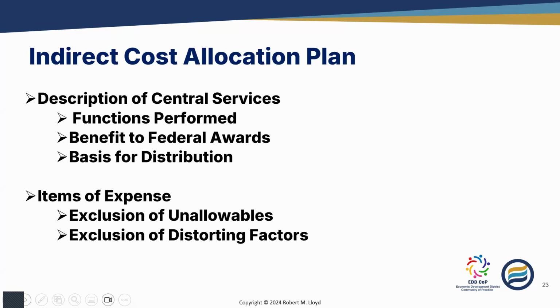Now, once that's put together, the indirect cost rate proposal, in order to create the device that will be used going forward, takes the total of allocated indirect costs and divides it by a selected direct cost base.